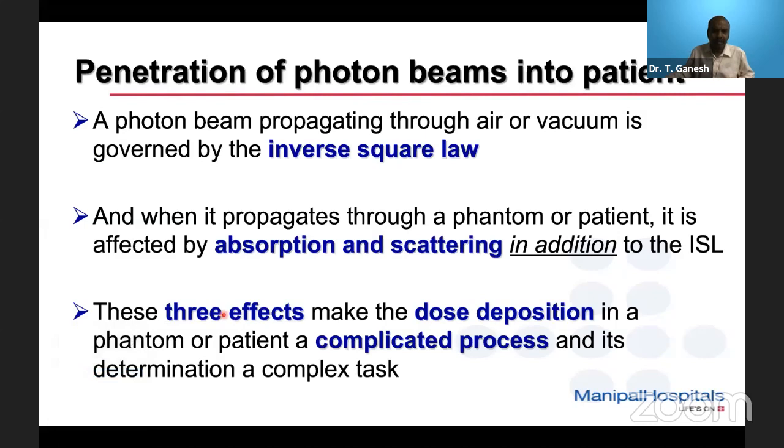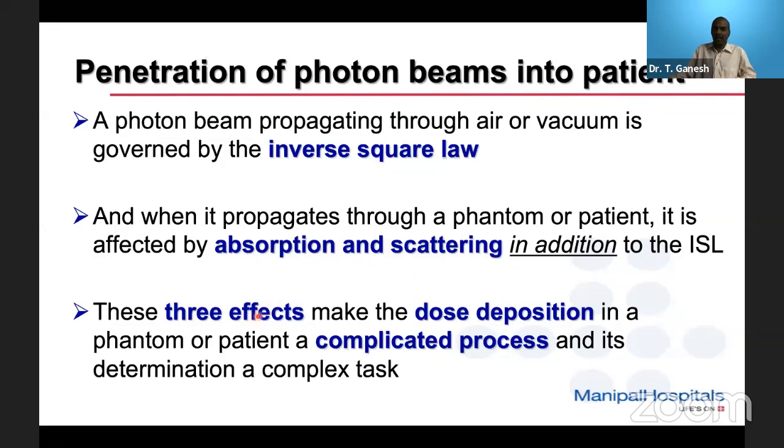When it propagates through a phantom or patient, it is affected by absorption and scattering in addition to the inverse square law. While it is propagating through air, there is only the inverse square law and a very negligible attenuation or scattering.